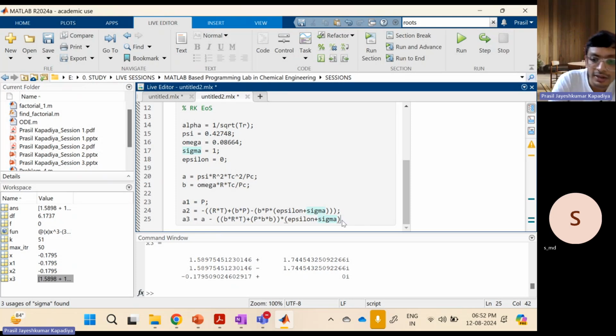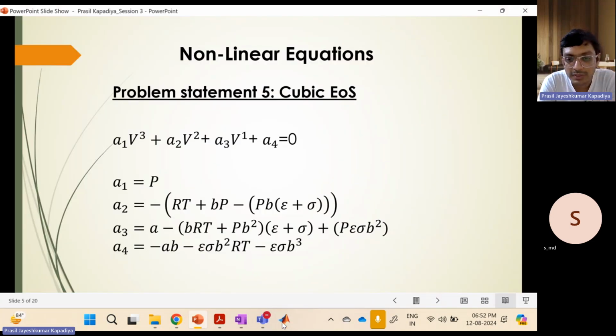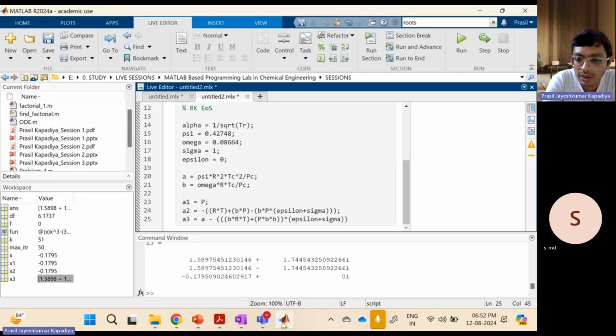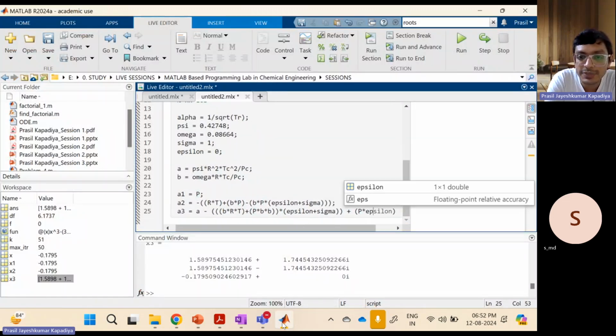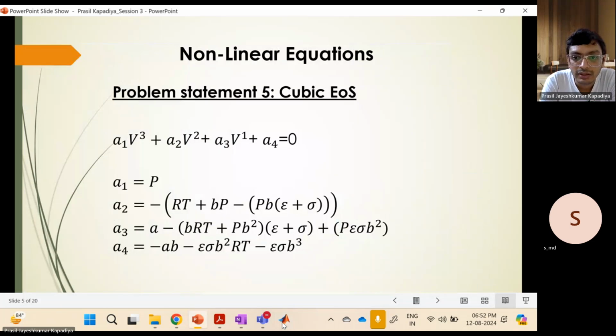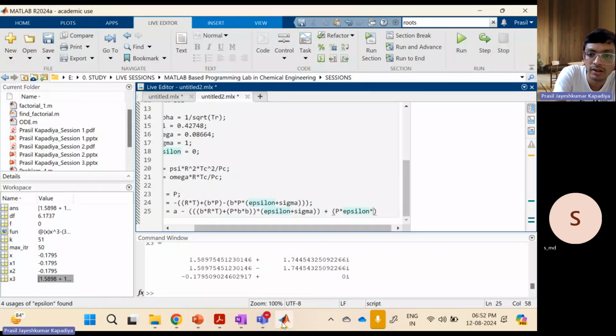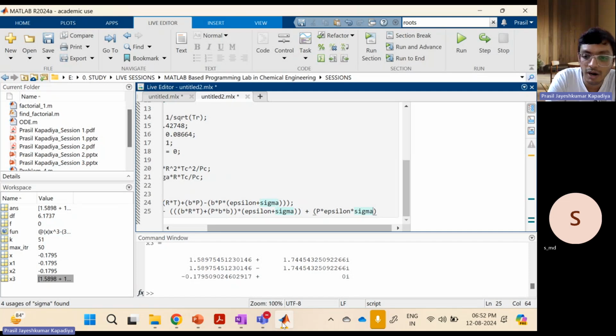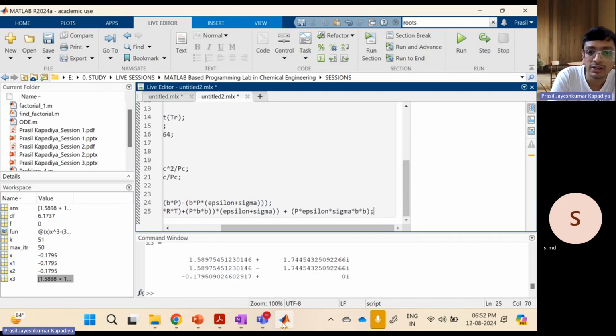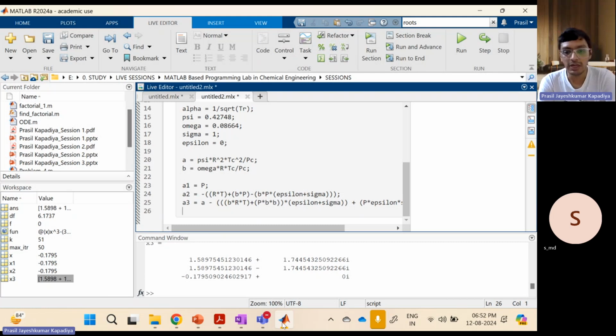Let's put one more bracket here to separate this term. Then the last term is plus P epsilon sigma B square. This is my A3.